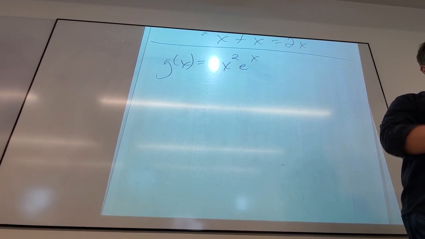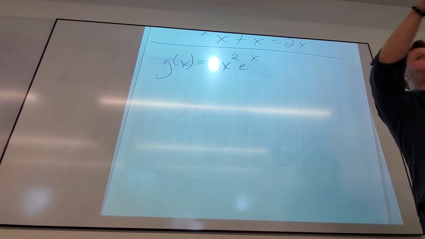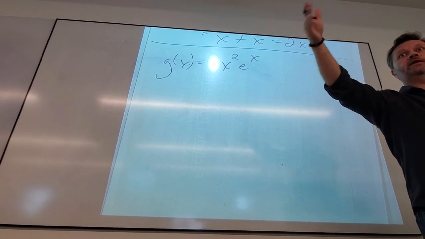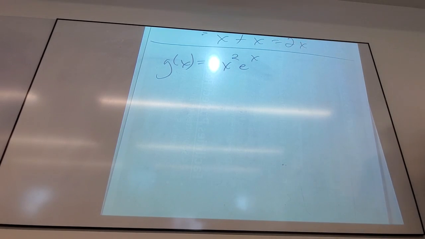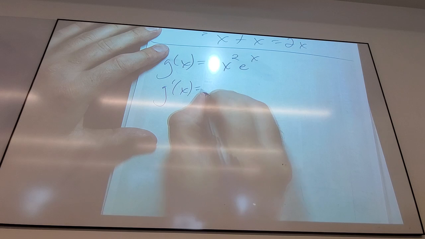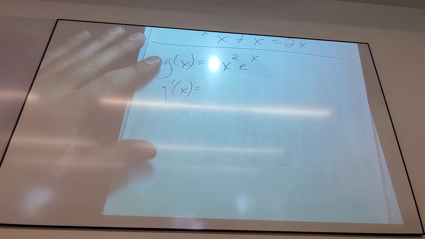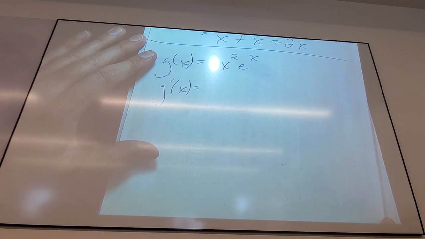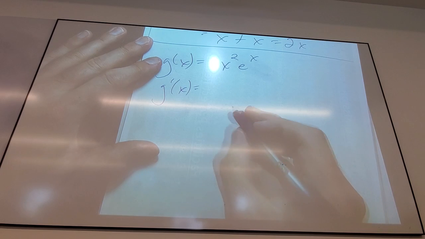I'll show you an example where you could have a bunch of functions being multiplied. You just extend the rule. So what's the rule say to do?